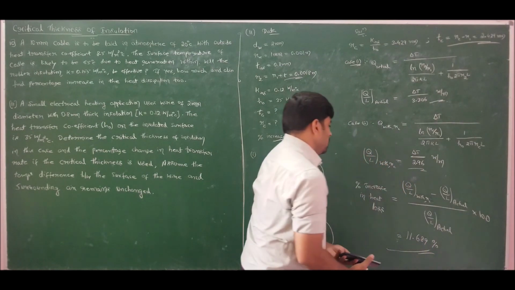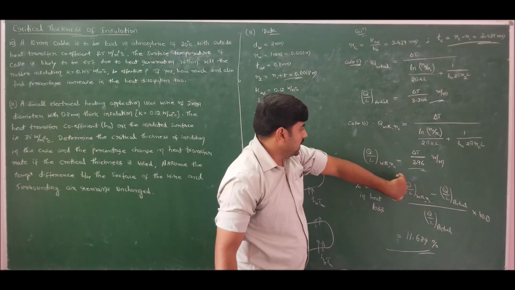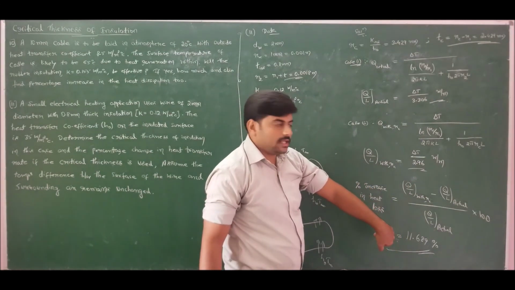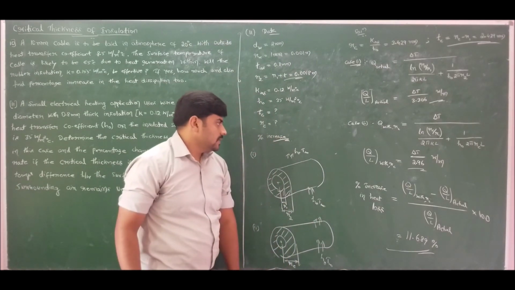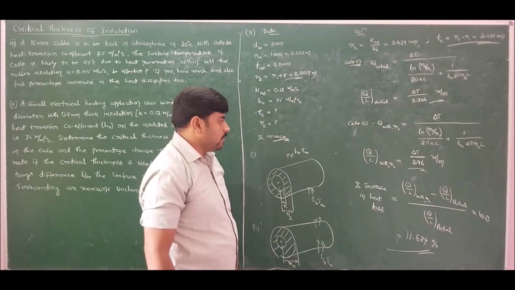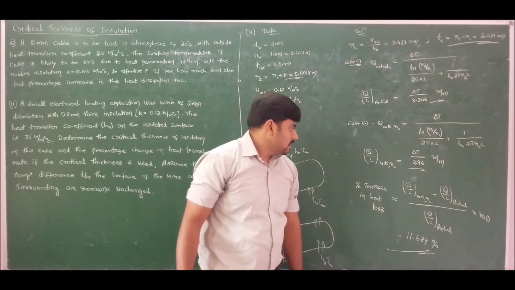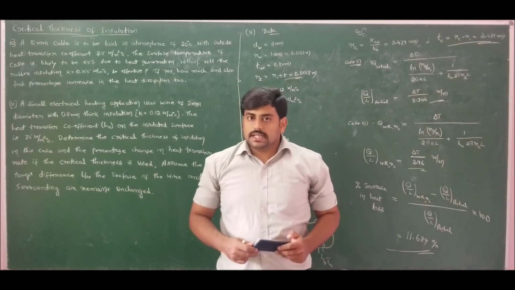I substituted these two values, took delta T common, cancelled it off in both numerator and denominator, and solved. I got 11.689%. So instead of using R2, if you use RC, there is an increase of 11.689% in heat loss. So this is about critical thickness of insulation.